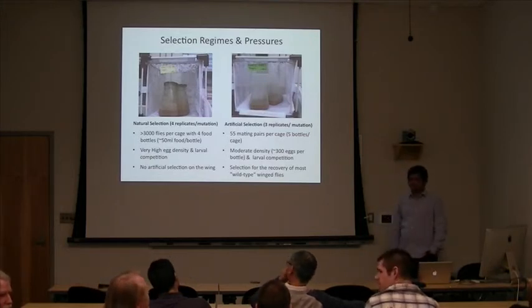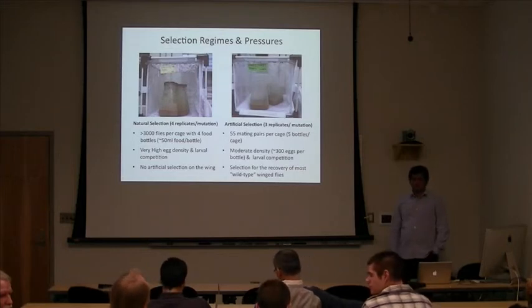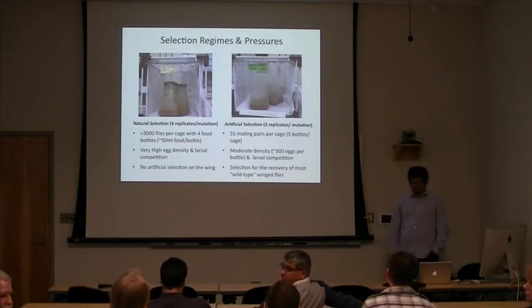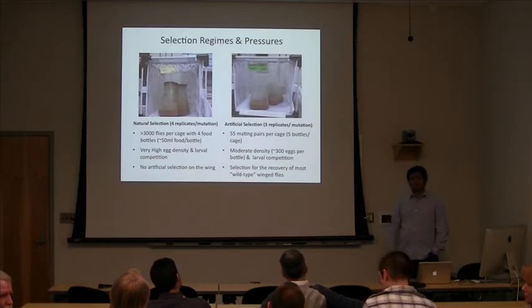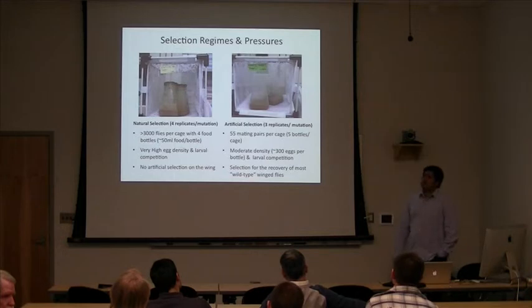So in the natural selection experiment, you didn't necessarily see compensatory phenotype of wing shape, but you did see compensatory developmental and behavioral factors. Are those due to de novo mutations, or standing variation?